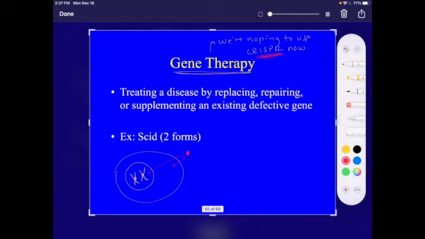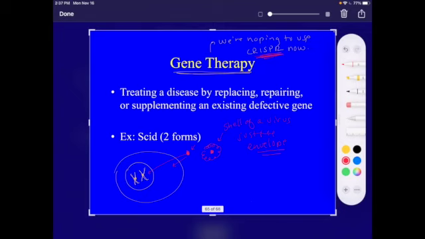I know. We'll package this good copy of gene Z, whatever, inside a virus. Or rather, just inside the shell of a virus. Just the envelope.